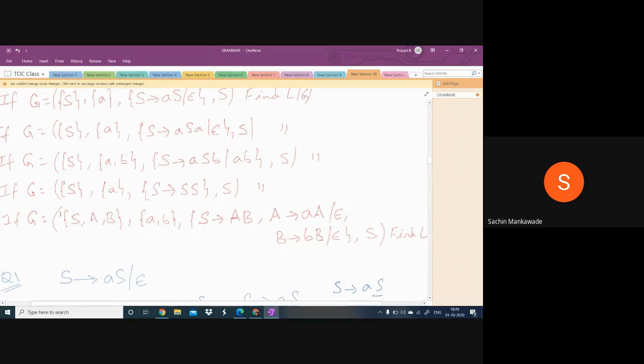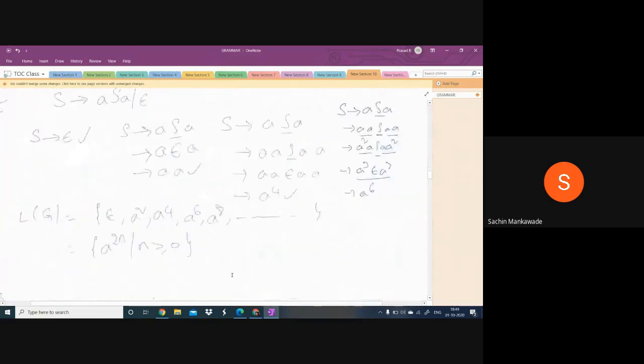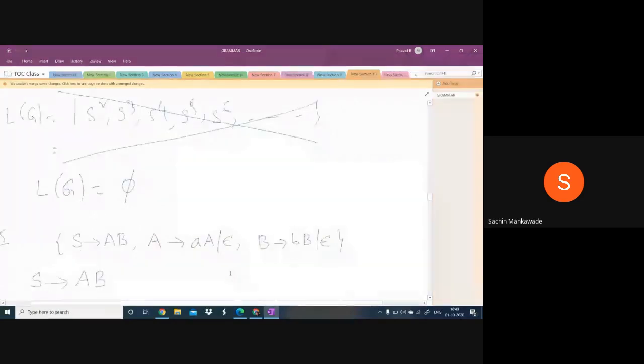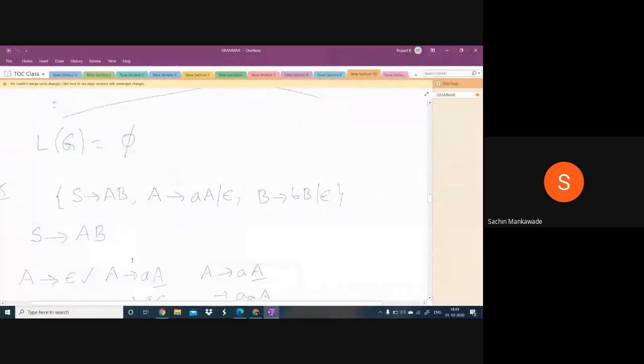So what is the answer for this? Guys, tell me. So a power m, b power n, and n is greater than or equal to 0. A power n, b power n, and n is greater than or equal to 0.